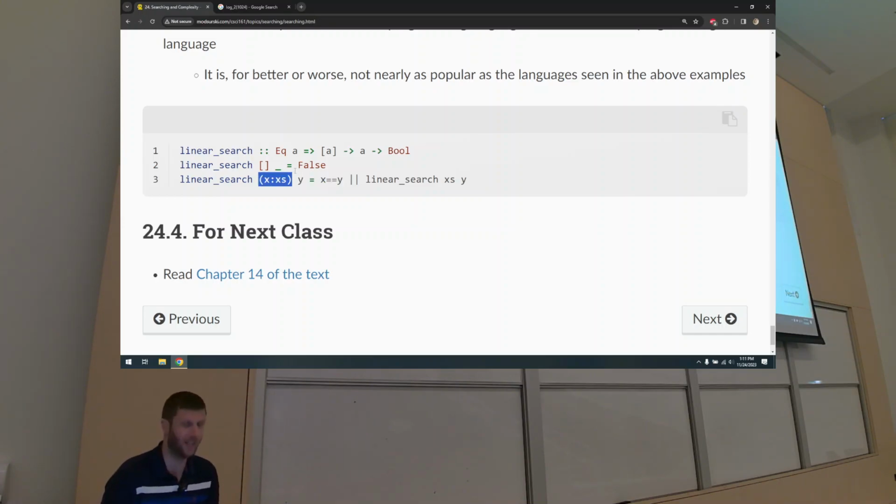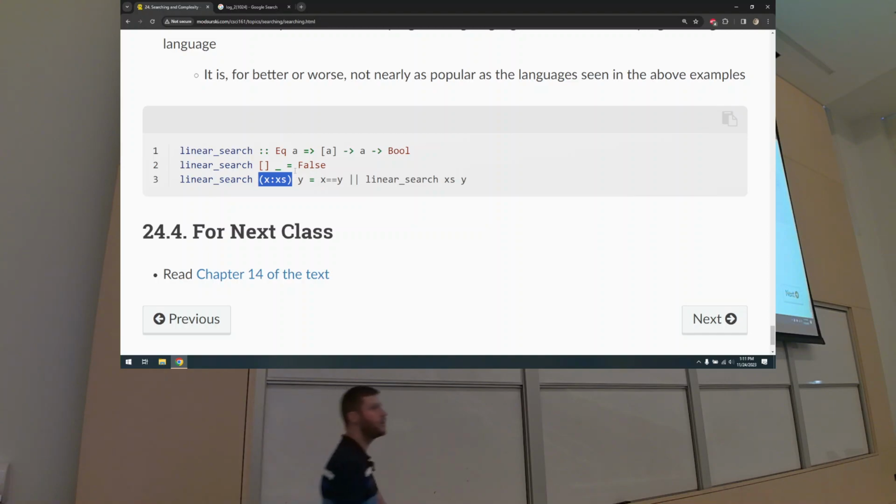This right here is the syntax you use in Haskell to say, okay, you've got a list. In every list, we have the ability to take the head of the list and the tail of the list. Where the head of the list is the thing at the beginning, and the tail is everything after the beginning. Right?